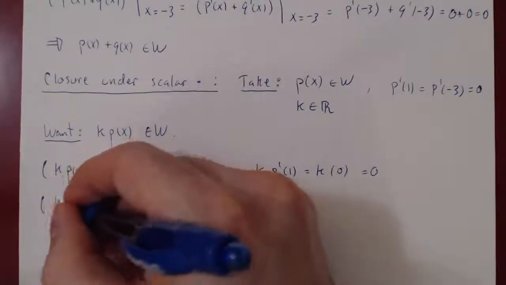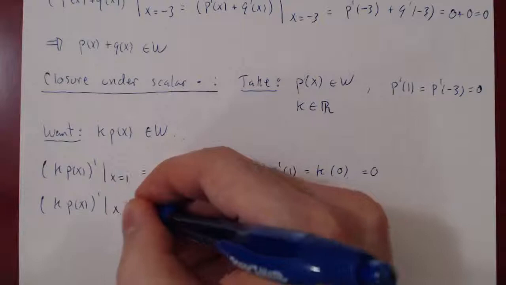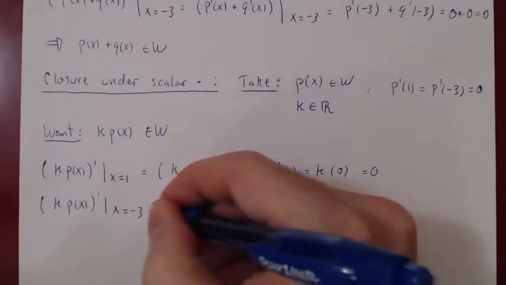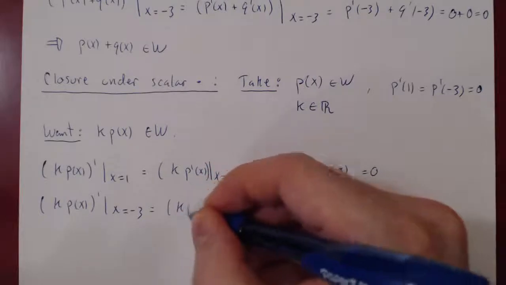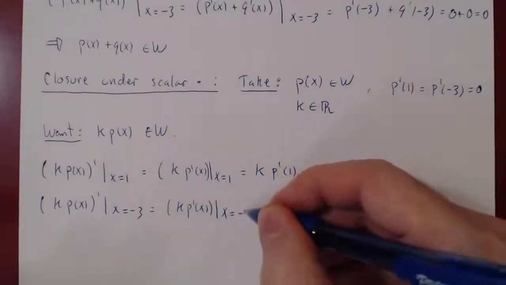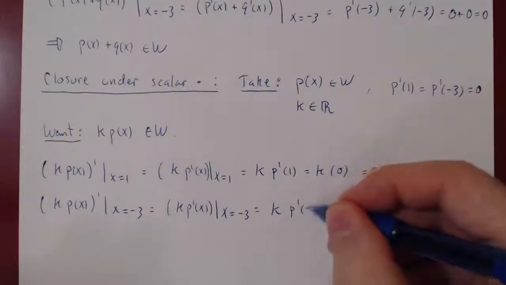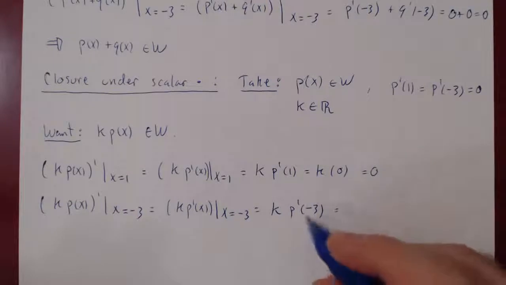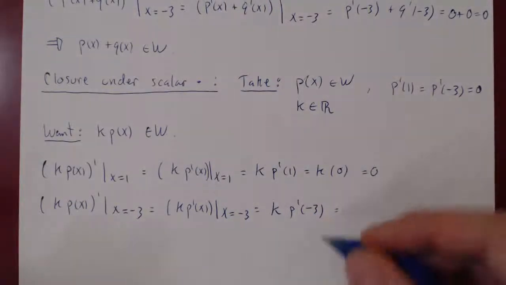Let's check that the same is true for x equals negative 3. The derivative of k p of x, as we have said before, is k times the derivative of p of x. And now we evaluate at negative 3. k is always k as it is a constant, times the derivative of p at negative 3. By assumption, negative 3 is a critical point of p, and so it's equal to 0.